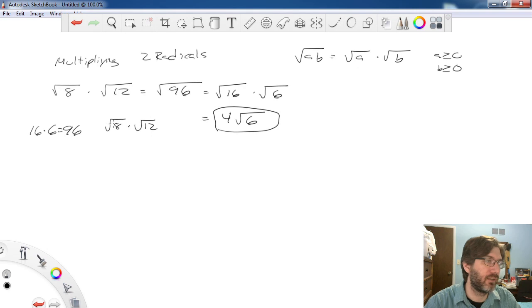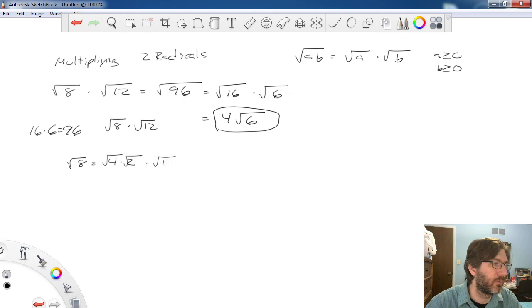You could have done that individually with these as well if you wanted to. Actually, that might be tough because of the square root of 12, but let's do it anyways. The square root of 8 is equal to the square root of 4 times 2, times the square root of 12.